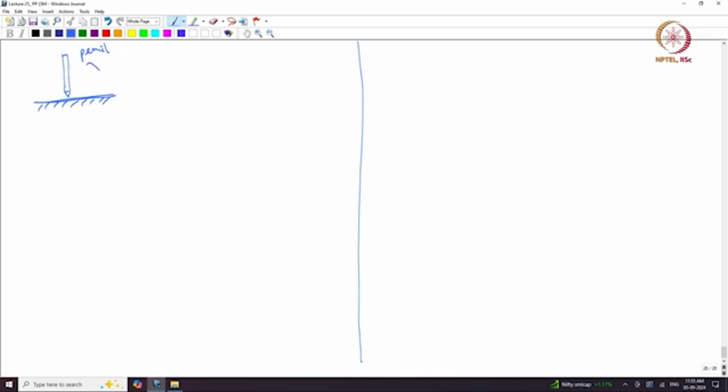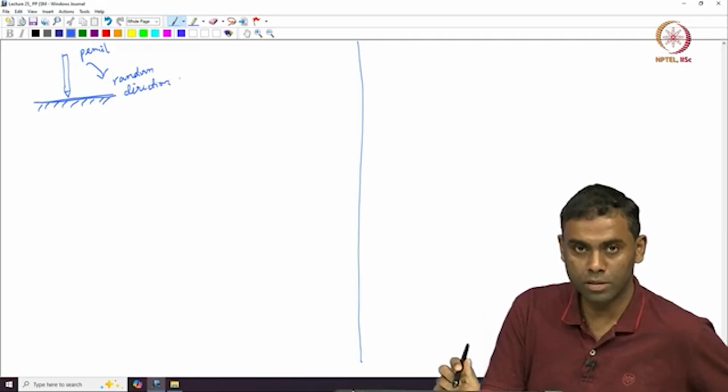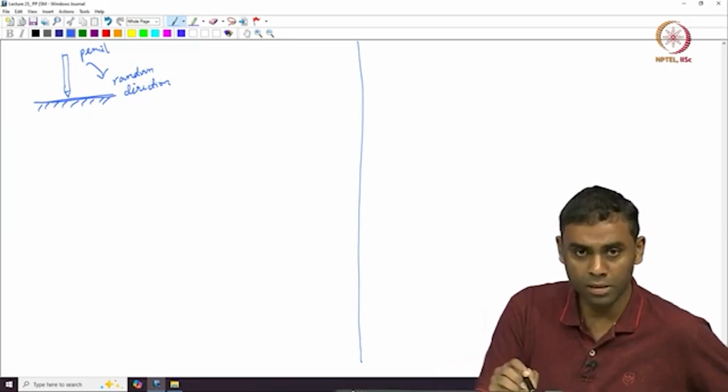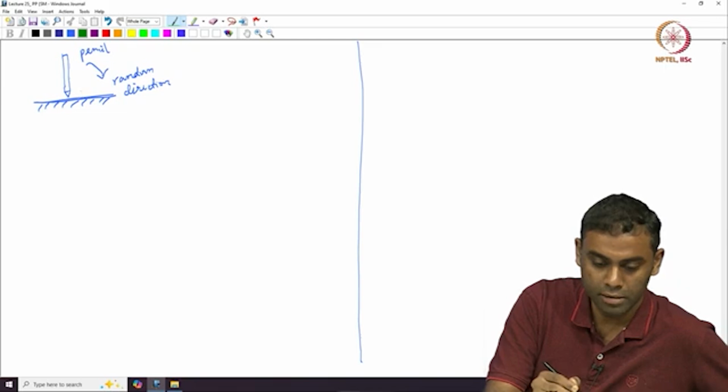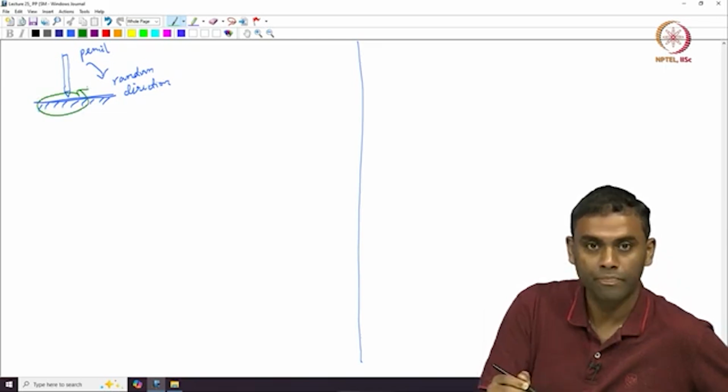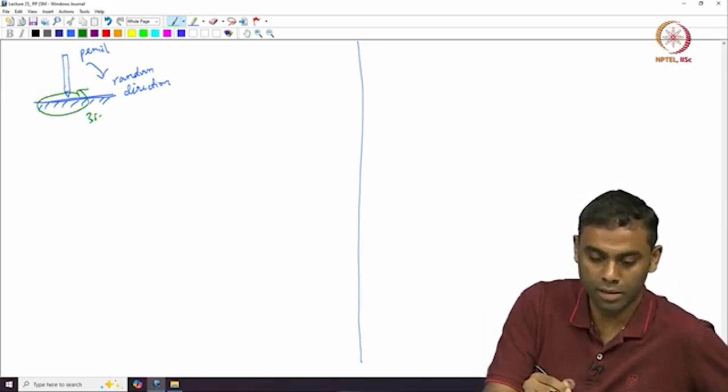So, the pencil is going to fall down, right, correct, but what direction is it going to fall down in? In some random direction, correct. But then think about this, the pencil actually had a 360-degree possibility, right.